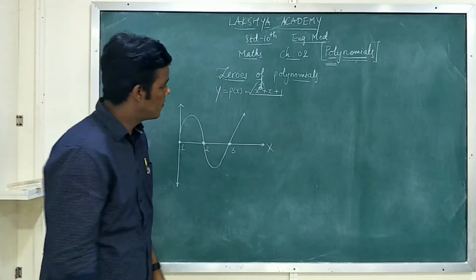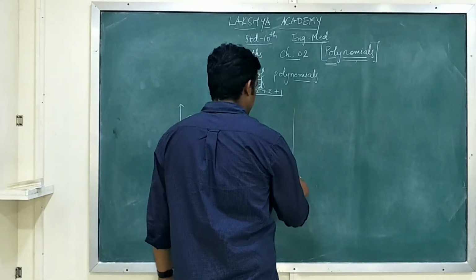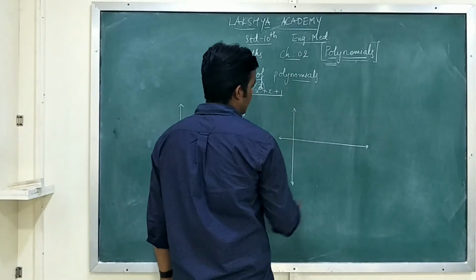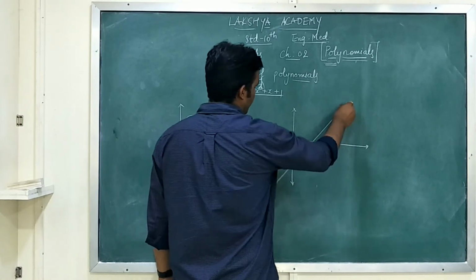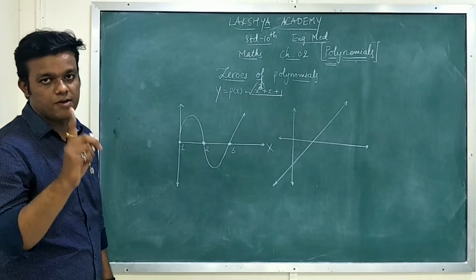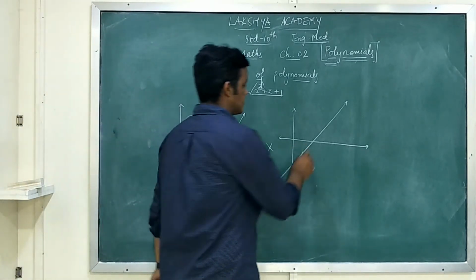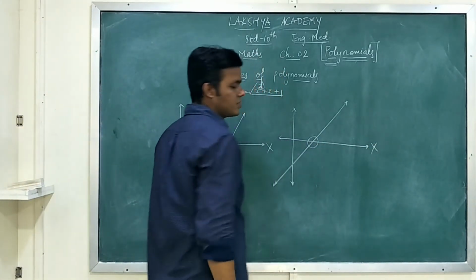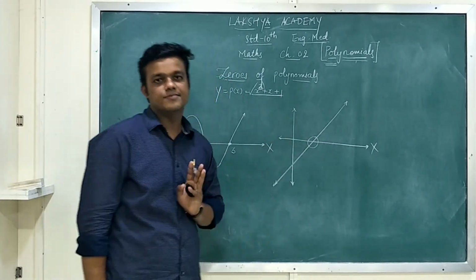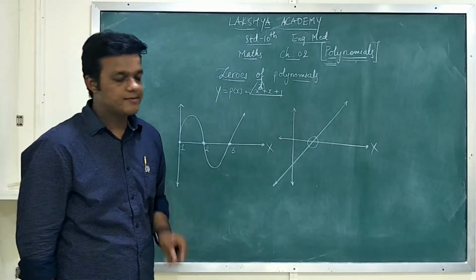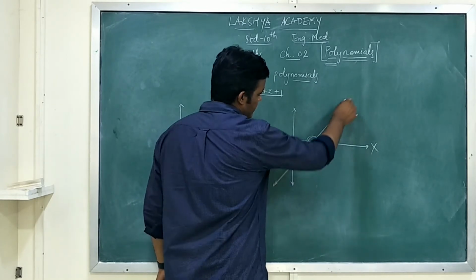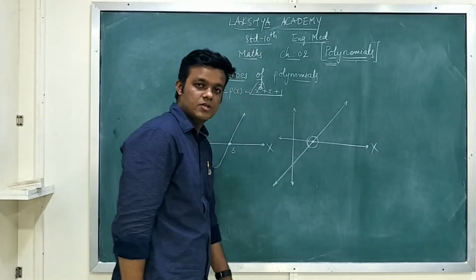Right? Now moving towards another graph. Suppose this is the graph of a linear equation or linear polynomial. Now you can see that only one time it is intersecting the x-axis. We don't have to do anything with the intersection of the curve and the y-axis. You know the reason, right? Here we can see that only one time it is intersecting the x-axis.